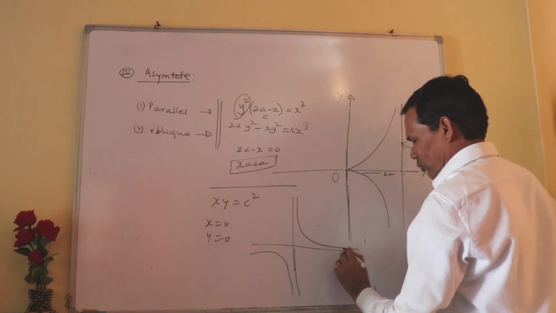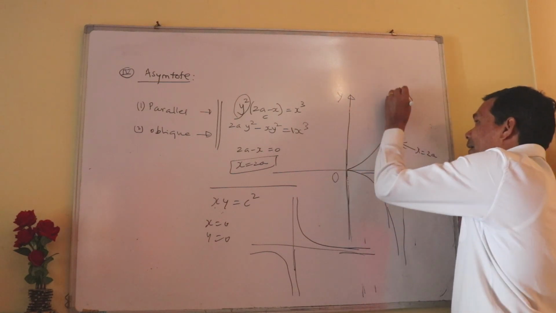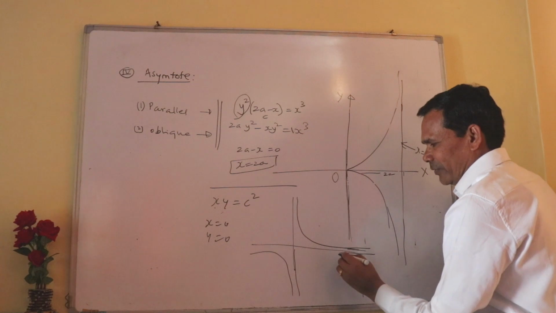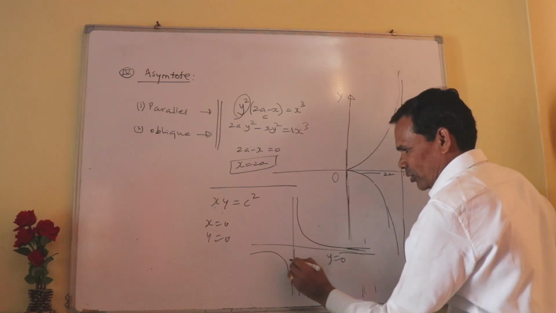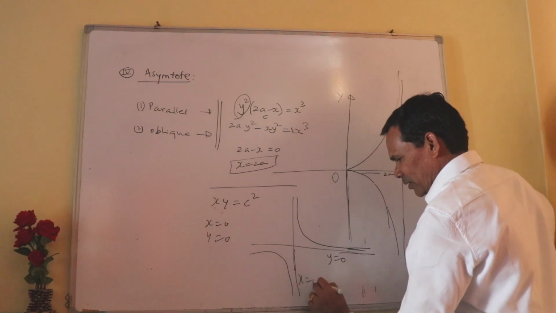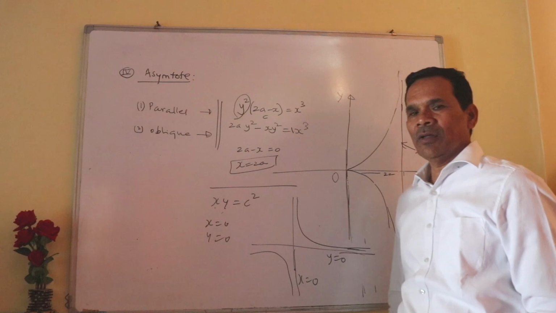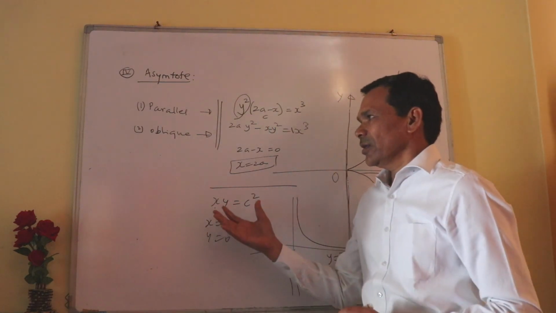An asymptote is the line which meets the curve at an infinite distance as x tends to infinity. So here y equal to 0 is an asymptote and x equal to 0 is an asymptote. This is the way you can find asymptotes parallel to the x-axis and y-axis.